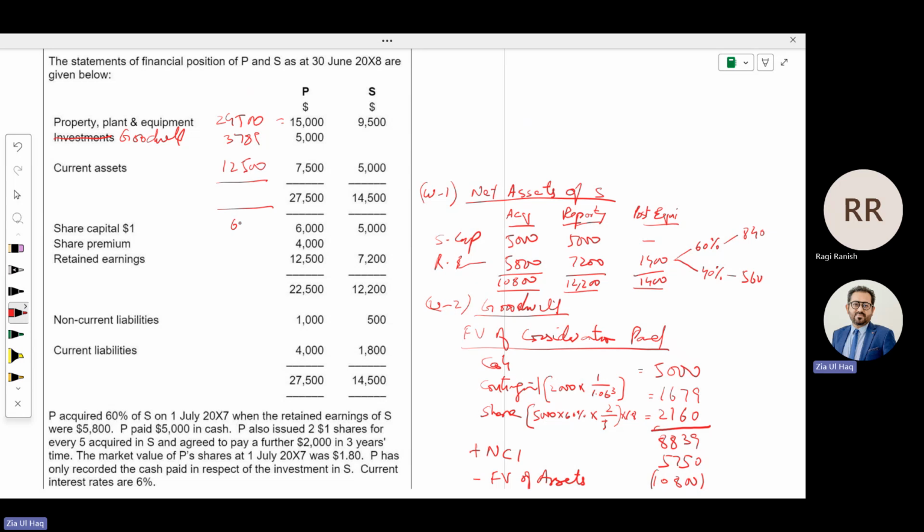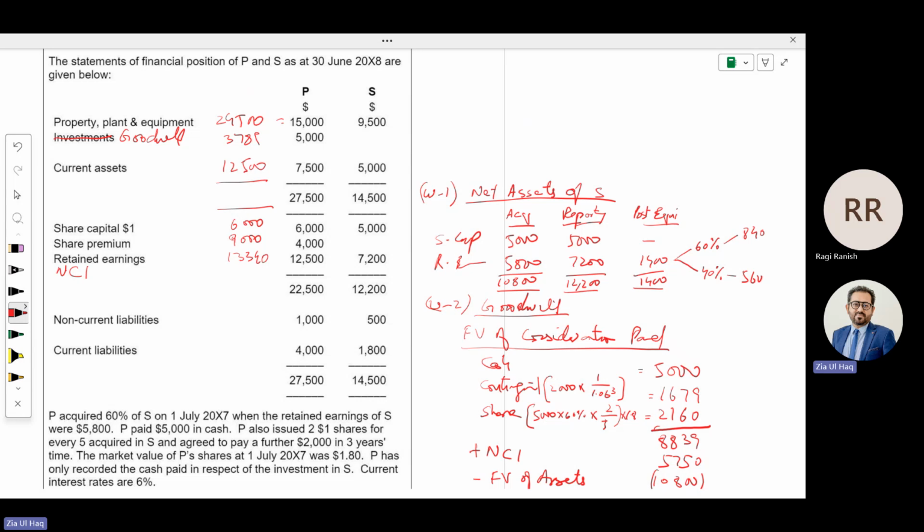Share capital will be 6,000. Share premium will be 4,000. Retained earnings 12,500 plus 840, that is 13,340.